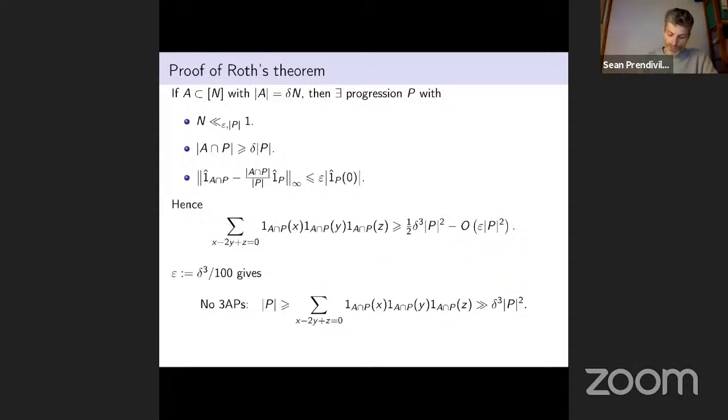So no 3-term progressions gives you this upper bound, very crudely. Okay, so if that's true, then if you just compare the upper bound and the lower bound, the length of P has to be bounded in terms of the density delta.